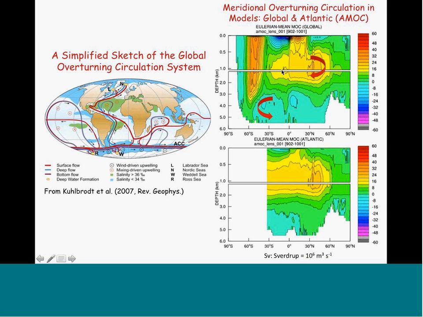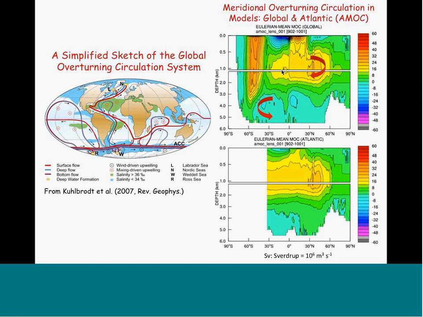When we talk about AMOC, essentially we are simplifying the simplified schematic further. On the right side is the representation of the AMOC mean state from one of our simulations. The top one shows the global overturning circulation.